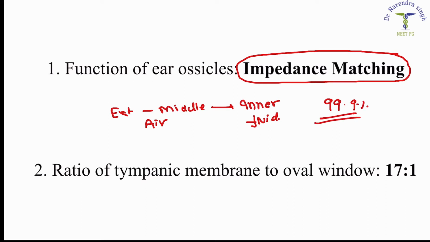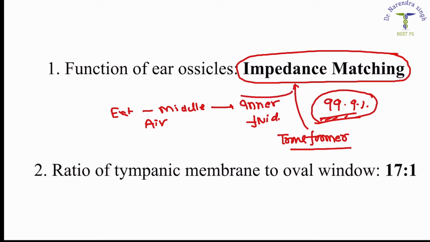So to overcome this 99.9% sound which is reflected back, the middle ear acts as a transformer, and the middle ear actually contains our ear ossicles. So the middle ear acts as a transformer.